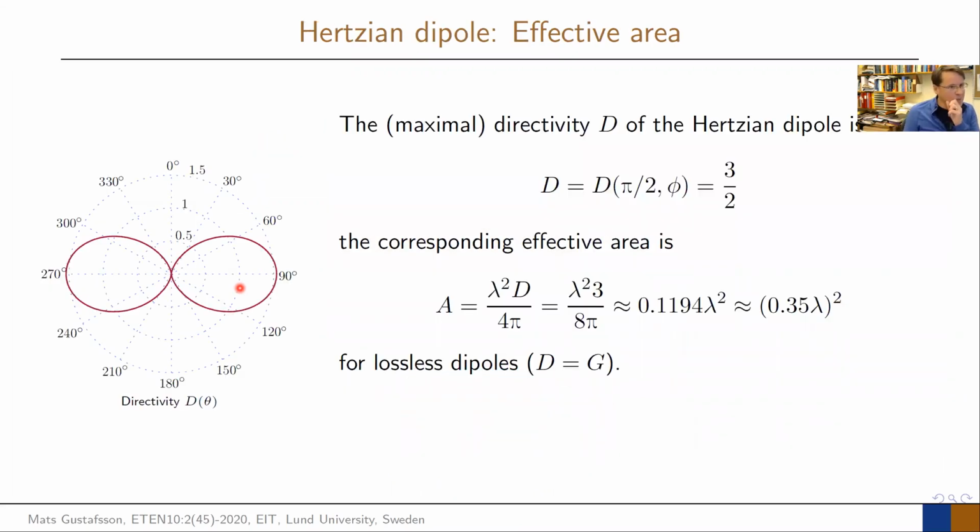We take the formula and assume it's perfectly matched and lossless. Then in the formula, instead of the gain, we can plug in the directivity. And we can see here that in this case, the area is 3.75 lambda squared.